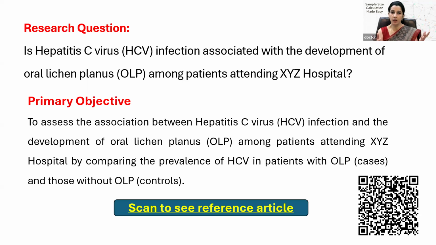If it is not there, then I might take one from South India also. If the study is not available in India, then I'll go with the Southeast Asian region. And if it is not there either, then I'll go for any study in the geographical region, wherever it is available. So that's the hierarchy.